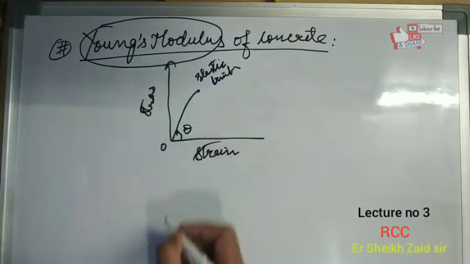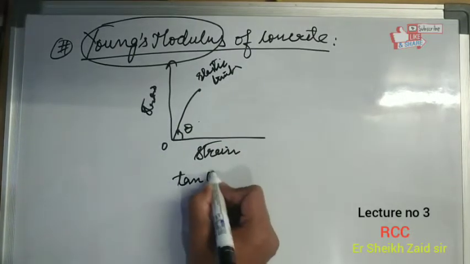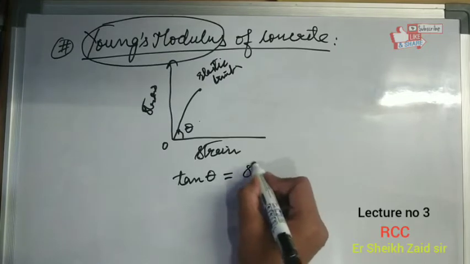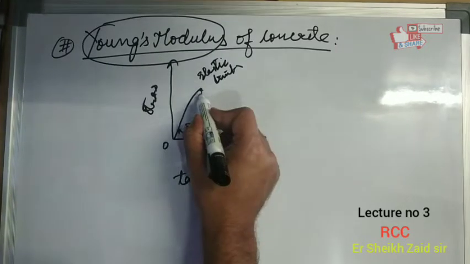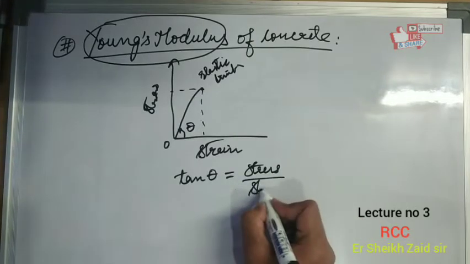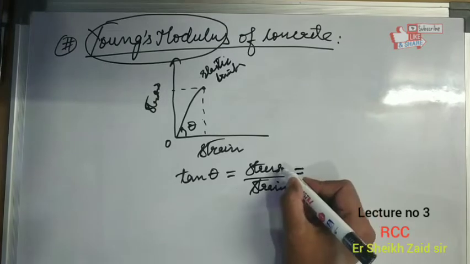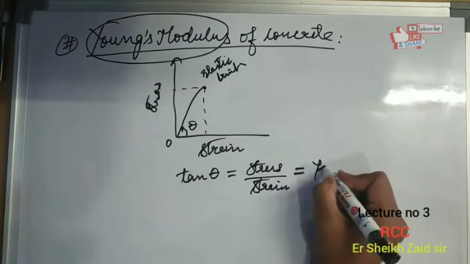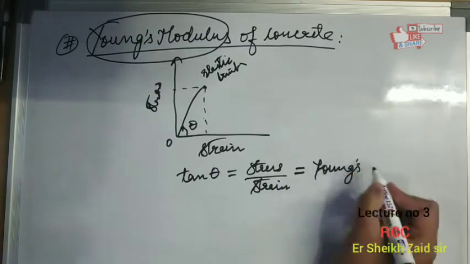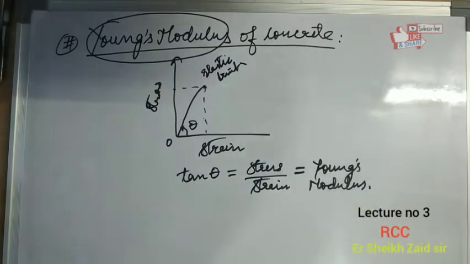So we know that slope of this angle will be tan theta, and tan theta will be equal to some value of stress upon some value of strain. And this ratio of stress and strain is Young's modulus. So this was a simple definition of Young's modulus.